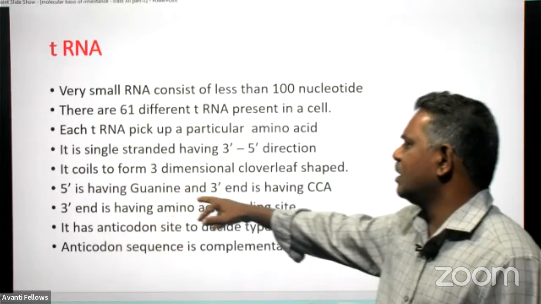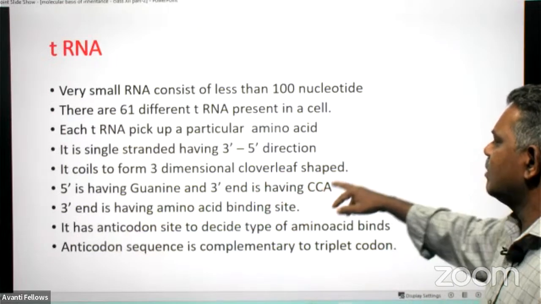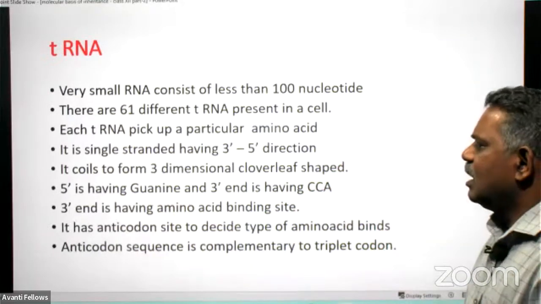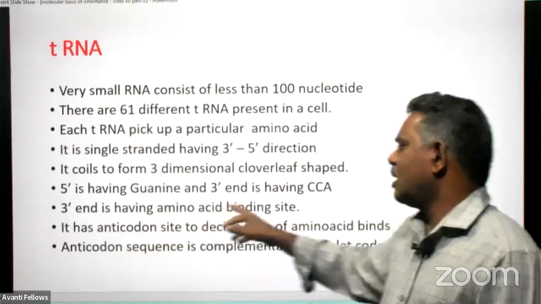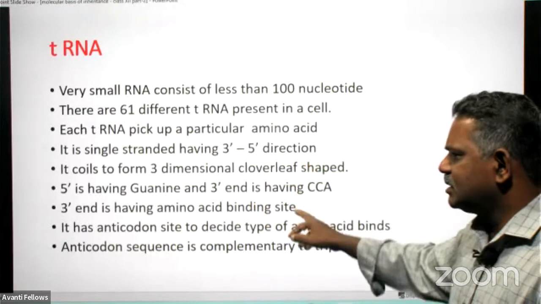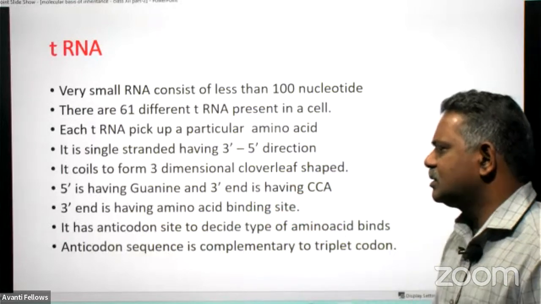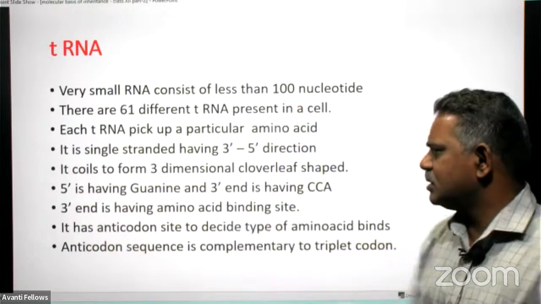The 5' end always has guanine, and the 3' end always has CCA. The 3' end is the amino acid binding site, and this end binds the amino acid and carries it to the site of protein synthesis.